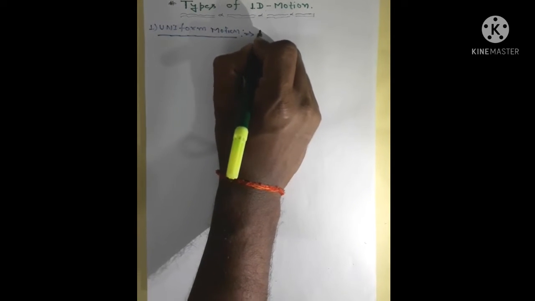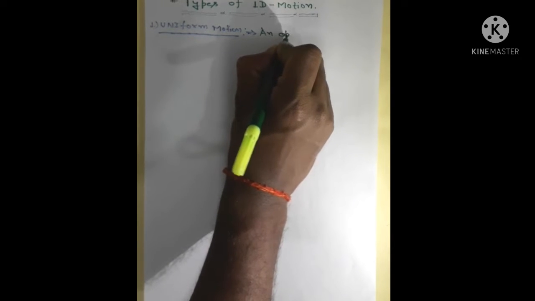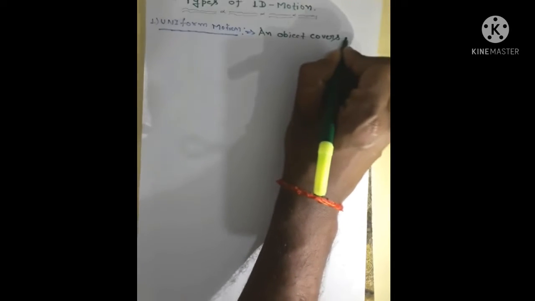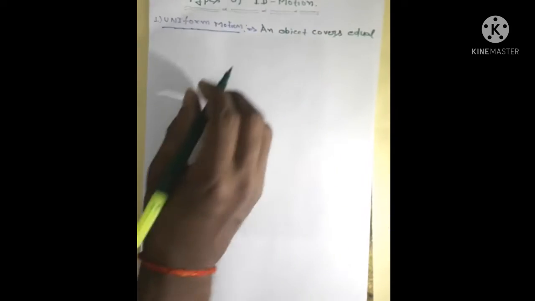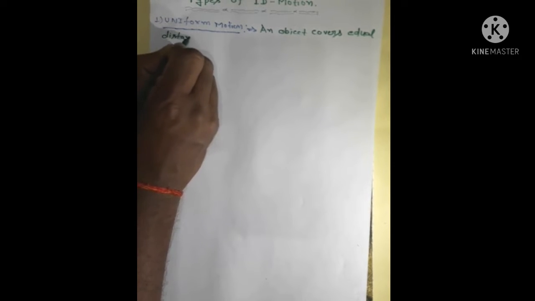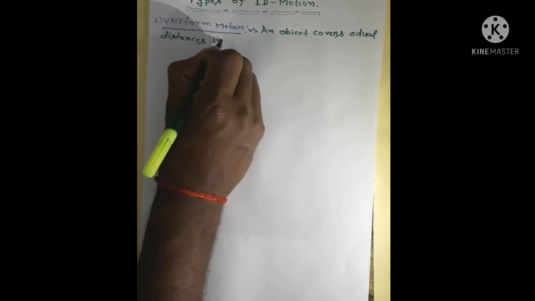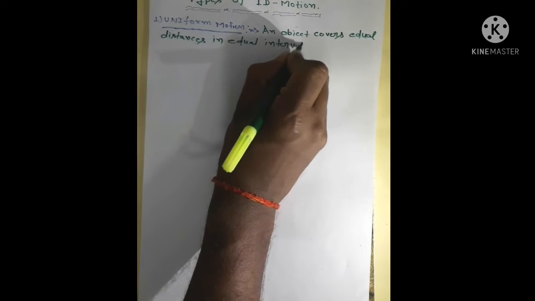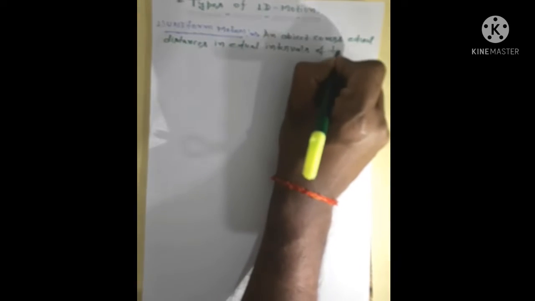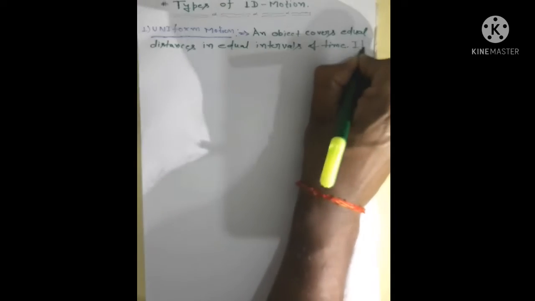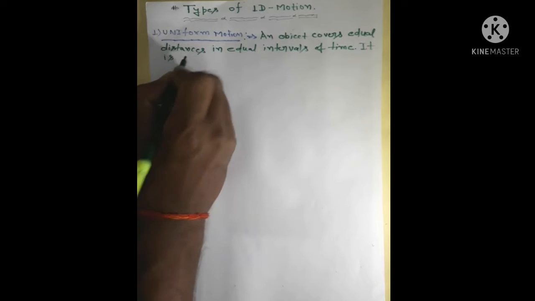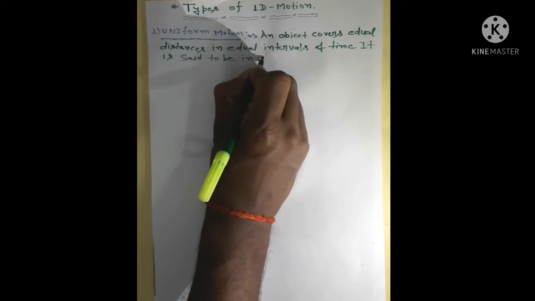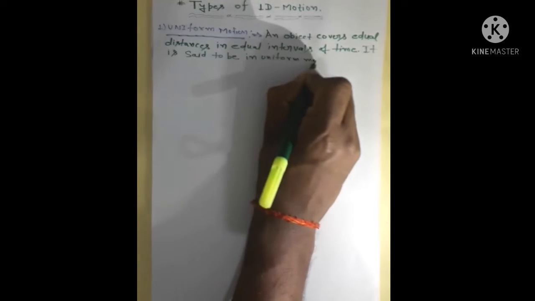If an object covers equal distances in equal intervals of time, it is said to be in uniform motion.